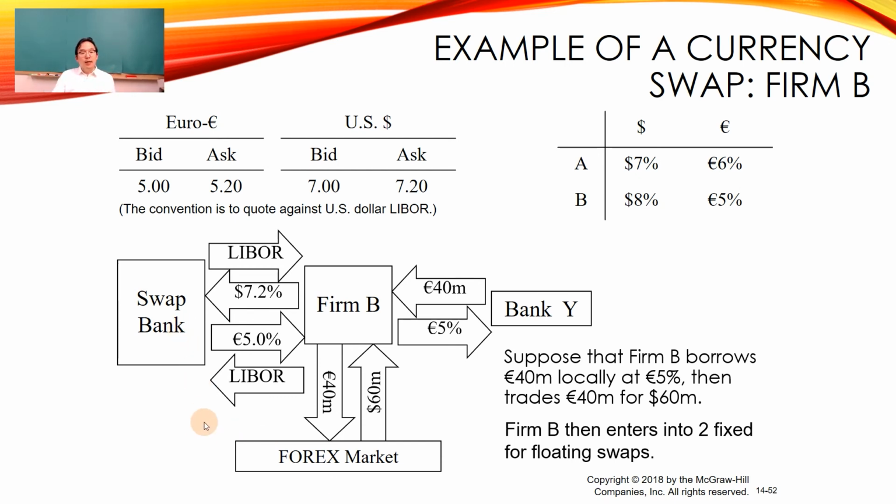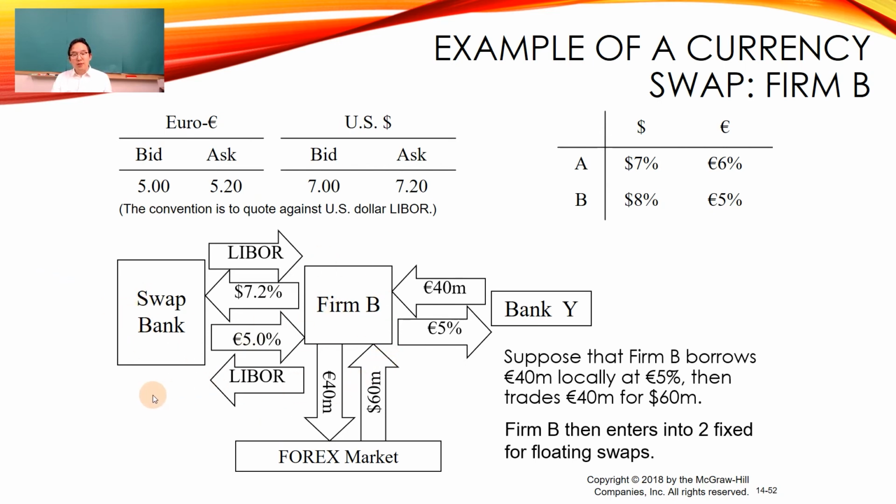Now, 5% for euro and 7.2% for US dollars, because that's the ask rate, and this is the bid rate between the swap bank and firm B.